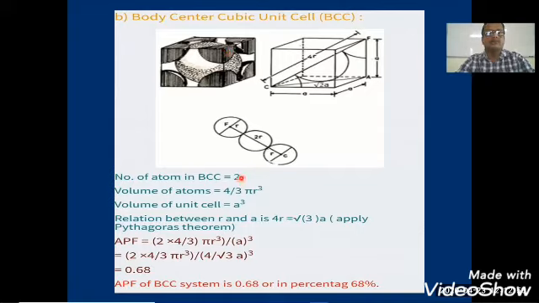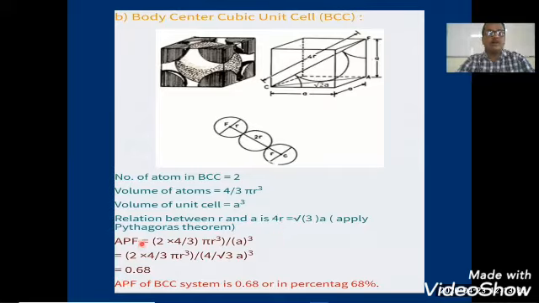We have already calculated that. The edge length is a, and the relationship between a and r is 4r equal to √3 a. That means a will be equal to 4/√3 r.